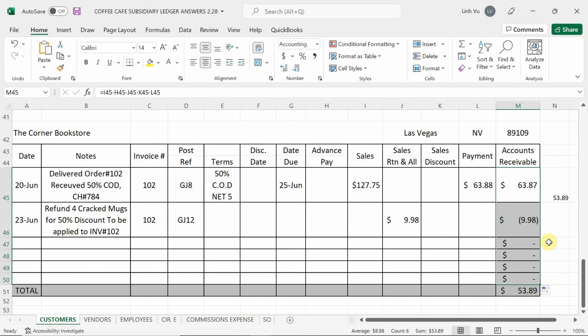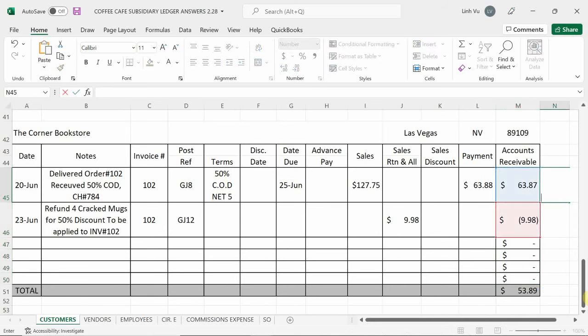But we also submitted another order for them. So on the side column over here, I'm going to say that now for this invoice, they owe me $53.89.